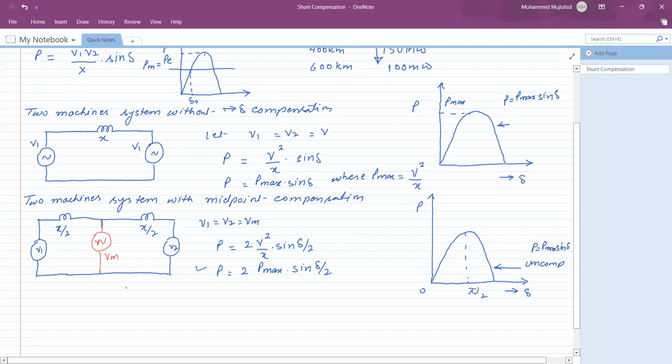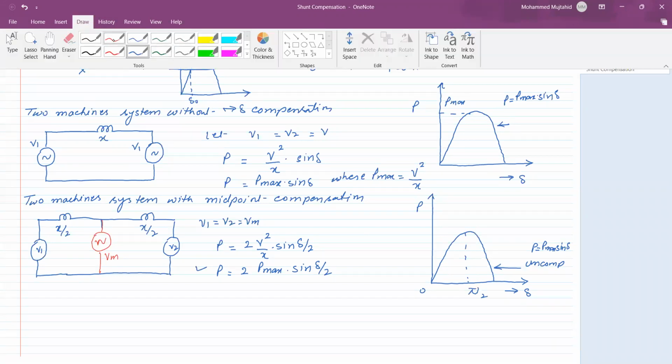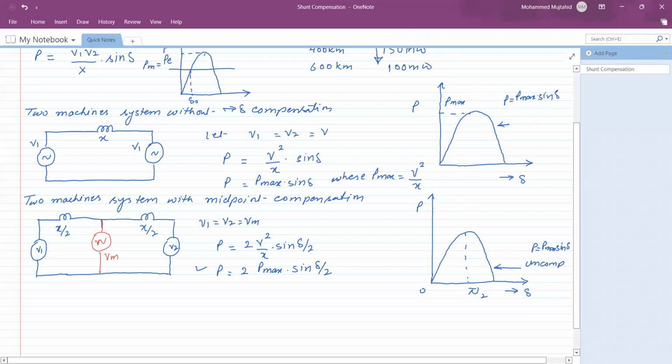Now, from this equation, the new curve becomes twice the maximum, and it becomes maximum at pi. So here delta by 2 means pi by 2, then it will be 90 degree, and it is going to become maximum.